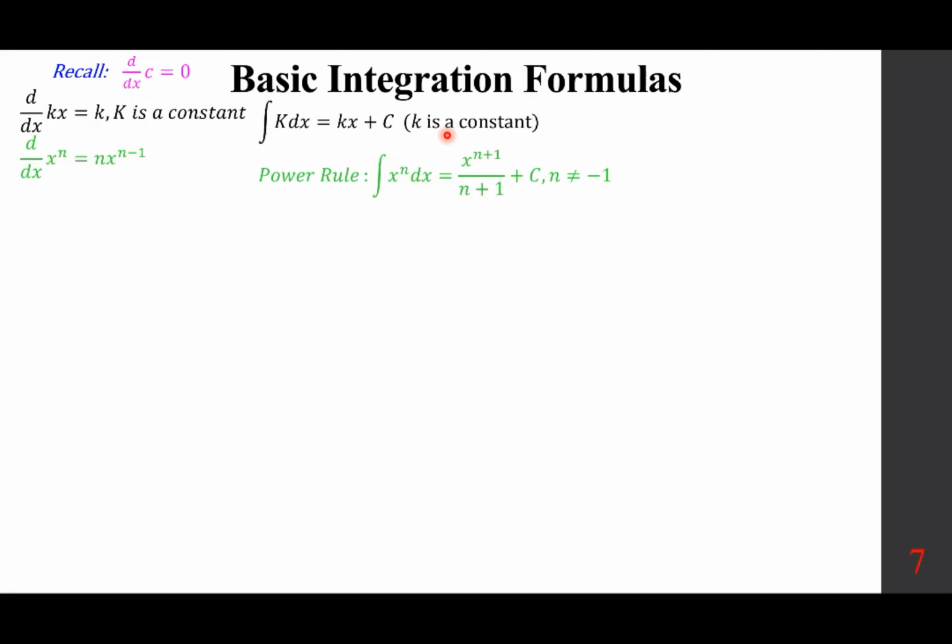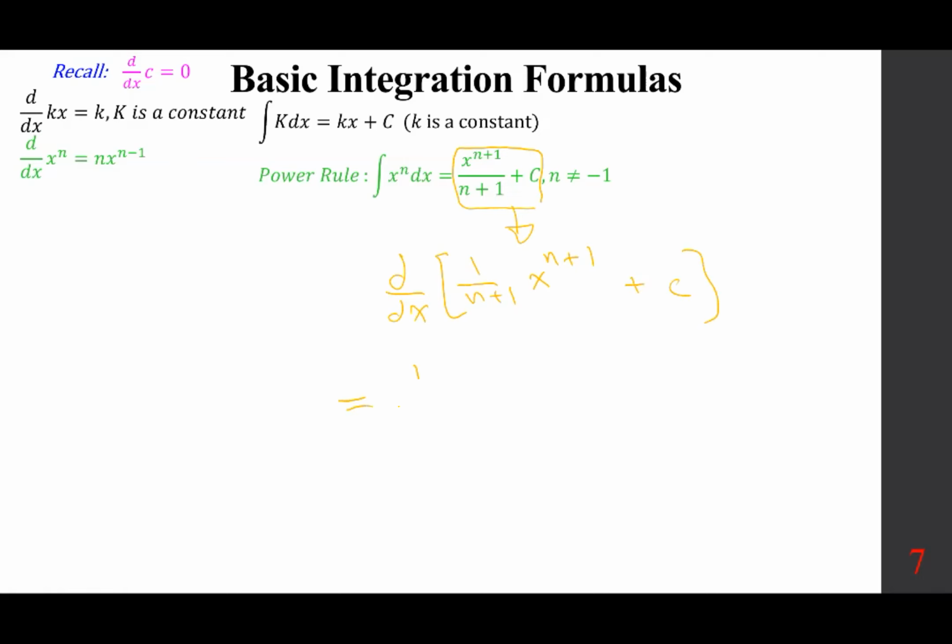I want to show you by differentiating this side. So if I differentiate this, d dx of what is given, 1 over n plus 1, x to the power of n plus 1 plus a constant. That constant gives us 0.